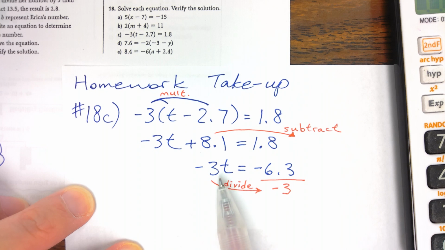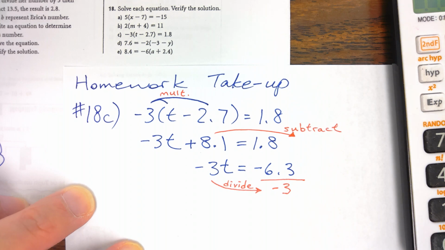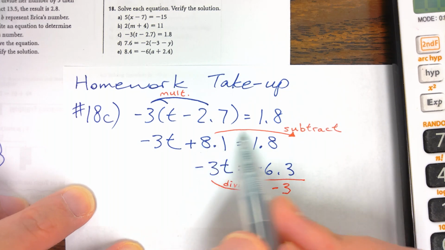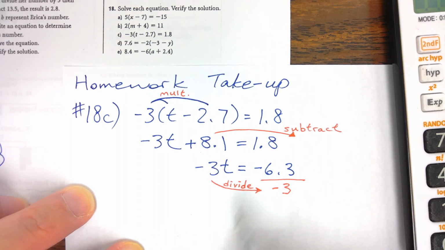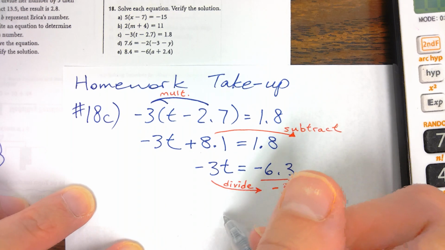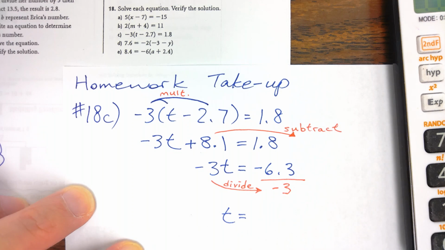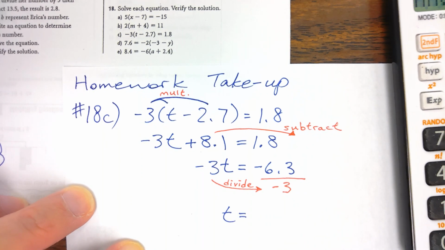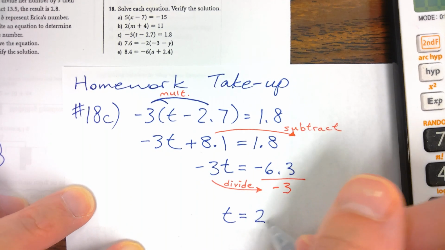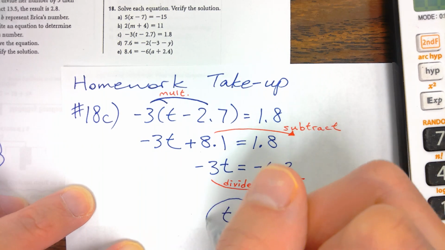If I change the sign, it would mean I change the negative to a positive and I change multiplication to division. So you're only doing one every time. It changes sign when you're adding or subtracting. Here, you keep the sign and you're just dividing. So t equals, divided by negative 3, you get positive 2.1.